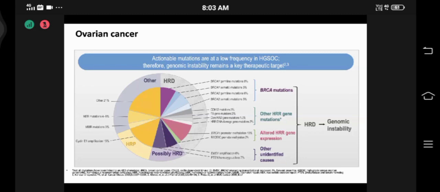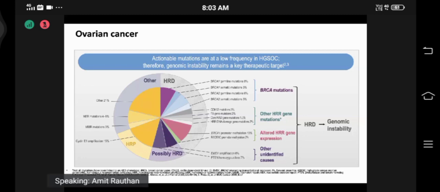So 20% would be BRCA mutations. But we know another 30% will have HRD mutations, which can come from all the other genes. And these 50% of patients are the ones who will respond very well to PARP inhibitors in treatment.